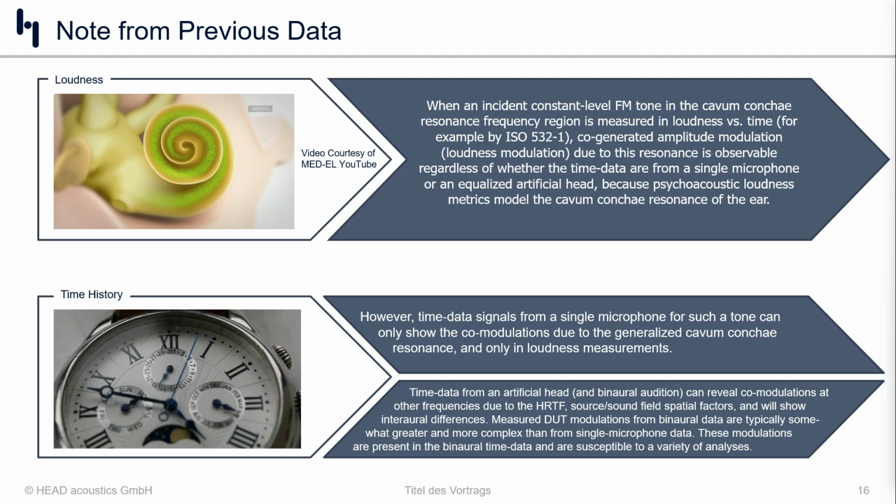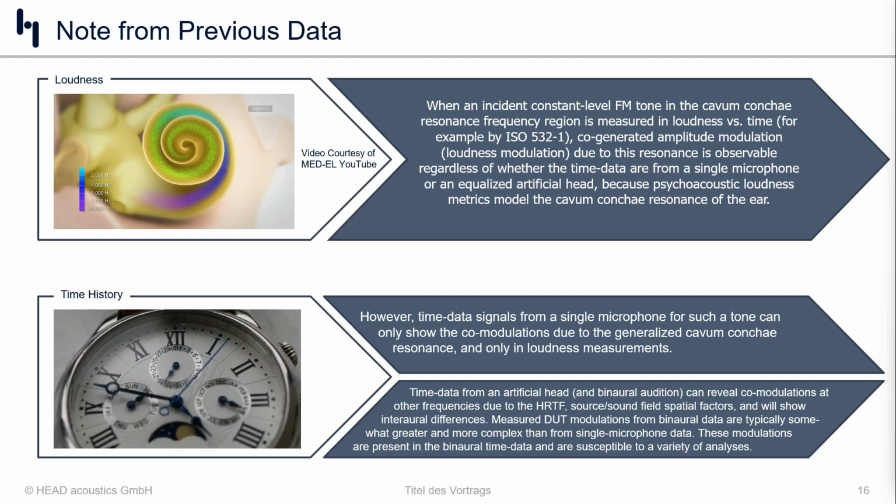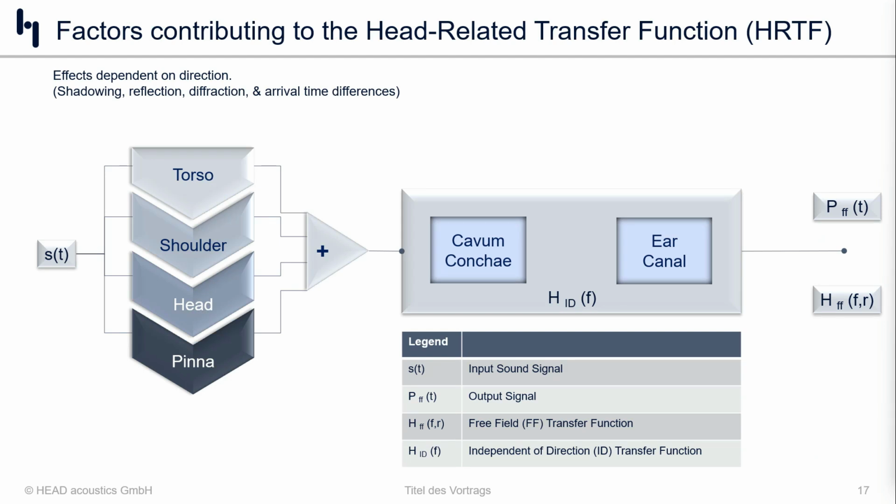So the factors that contribute to the HRTF are the direction dependent ones about shadowing, reflection, incident pressure and reflected pressure adding and so on from the torso, the shoulder, the head, and the ear mold or pinna. And then the signal from that point goes on through two fixed sets of resonances, the ear canal transverse and longitudinal, and the big one, the cavum concha at 4 kilohertz.